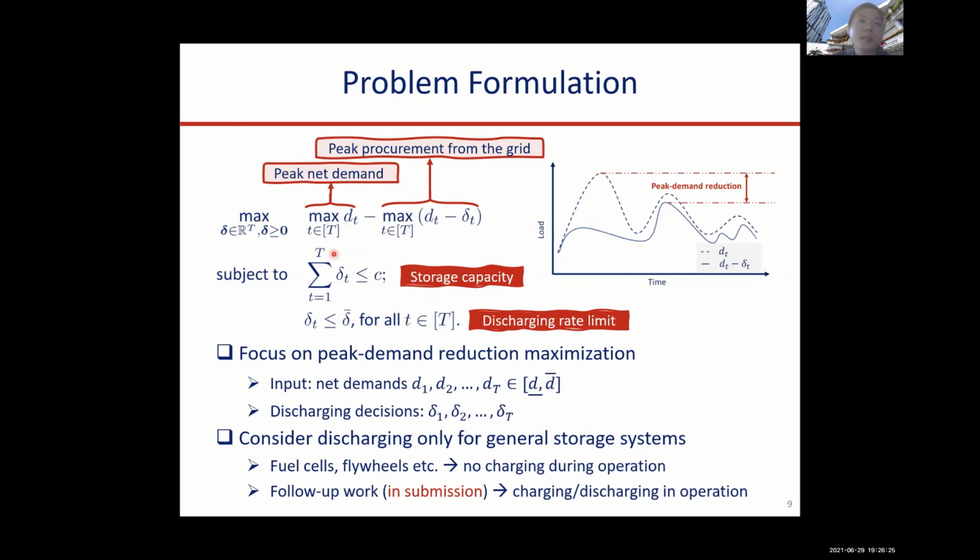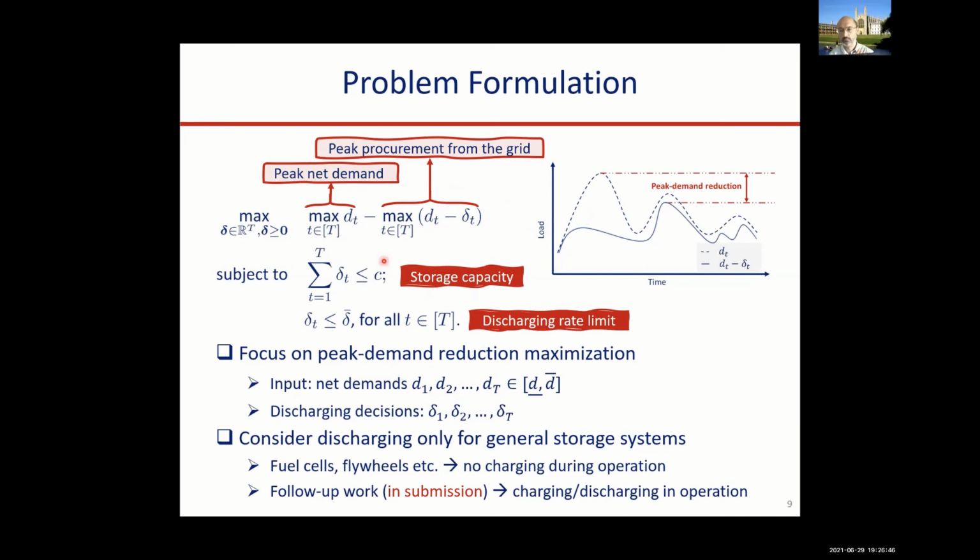However, if we know all the net demand, maximizing the difference of the two peaks or minimizing the peak procurement from the grid are exactly consistent, because we know the peak net demand is just a constant, right?